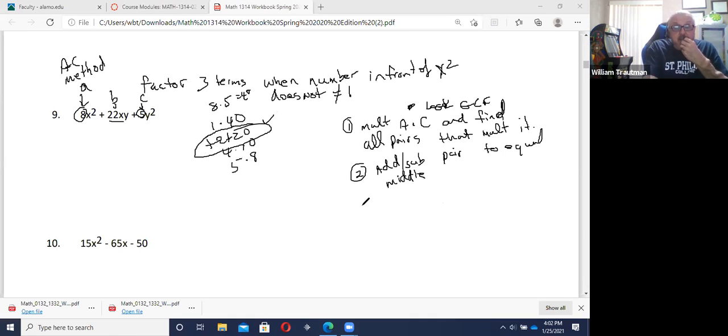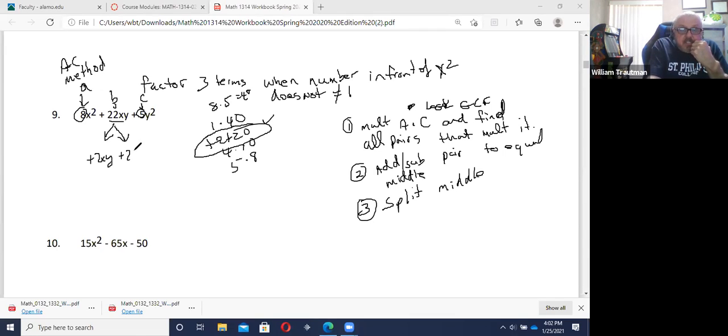Step 3, be careful. It's called split the middle. You have to split the middle into a plus 2xy and a plus 20xy. You're using this pair to split the middle.